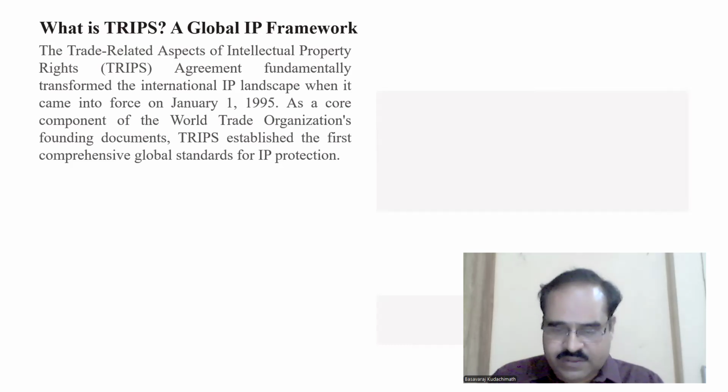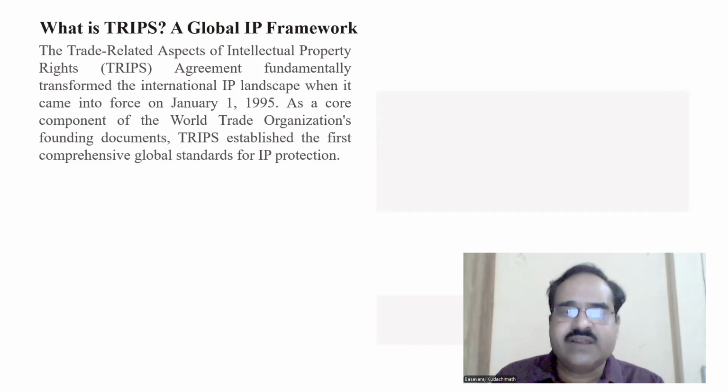When the WTO started identifying, there were a lot of problems when two countries were engaged in international trade; protection of intellectual property rights was a very difficult task. That is why TRIPS was implemented by the WTO on 1st January 1995, and all the member countries signed, and they promised that intellectual property rights will be protected at the global level.